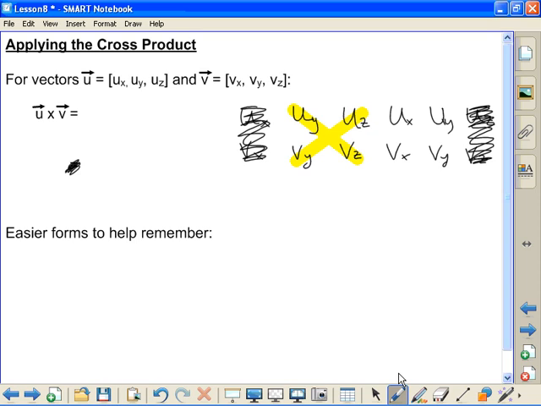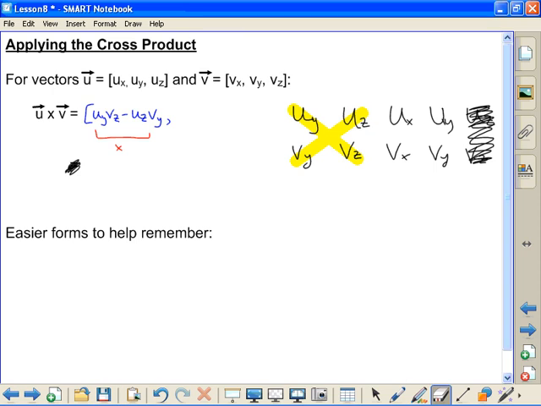So the result's going to be a vector. We're going to end up with uy vz minus uz vy. And that's going to result in the first value, our x component in the vector. All right, so that's our x value.